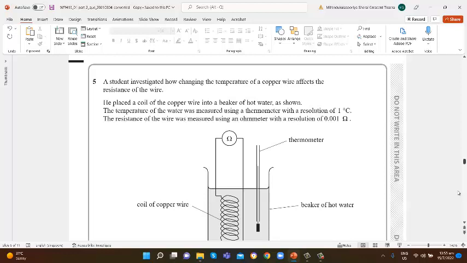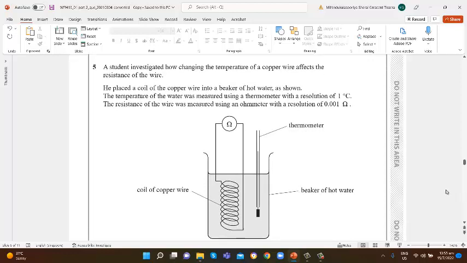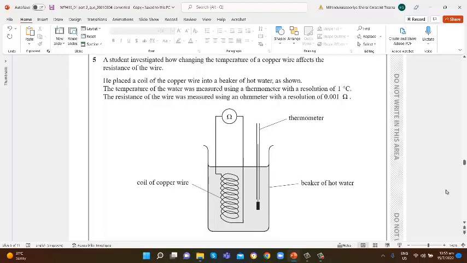The temperature of the wire was measured using a thermometer with a resolution of 1 degree Celsius. The resistance of the wire was measured using an ohmmeter with a resolution of 0.001 ohm. Everything is given in the diagram.